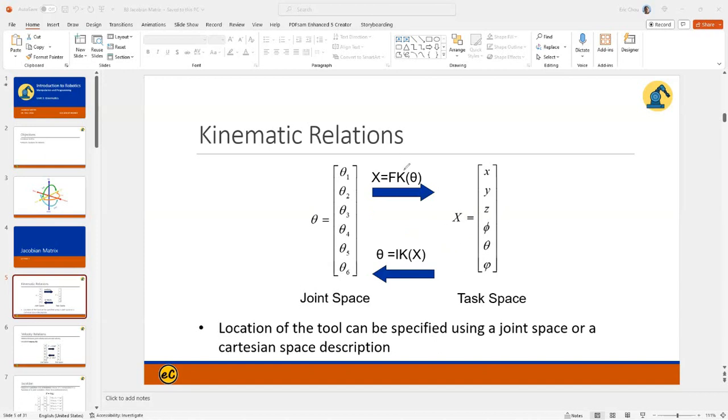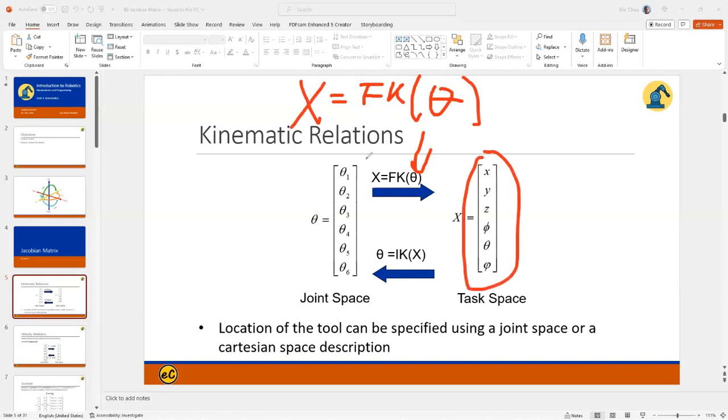So let's assume that we have a theta input, and then there is a forward kinematic. FK means forward kinematic. You get the output of the task space variable.